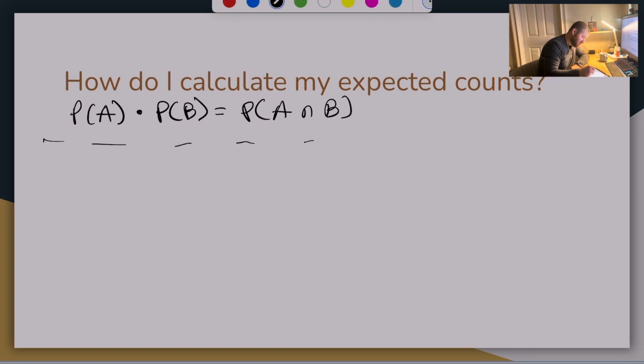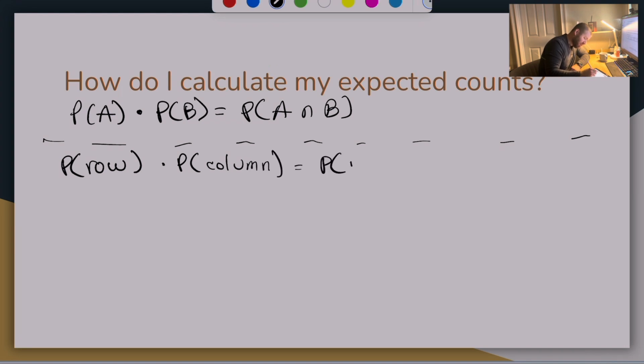In this case, the probability of being in a row times the probability of being in a column should give me the probability of being in that one particular cell, right? Row and column is that one particular cell that we're in.